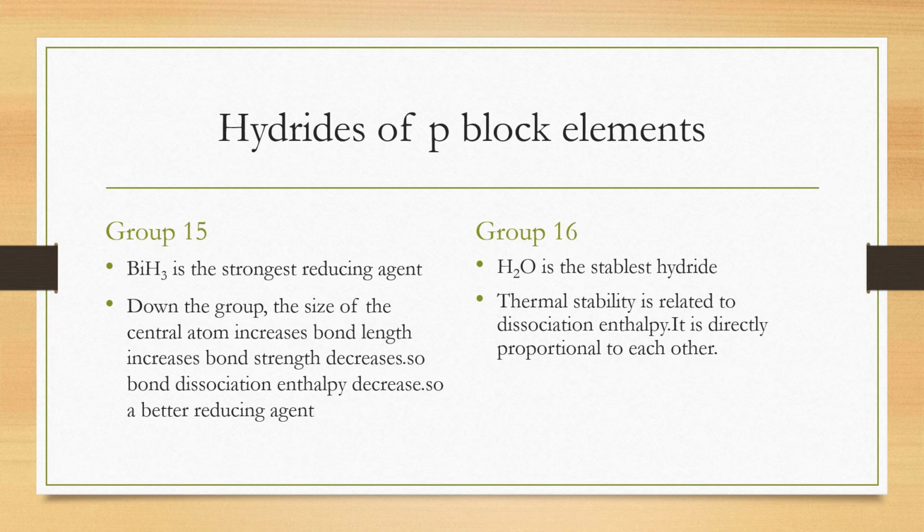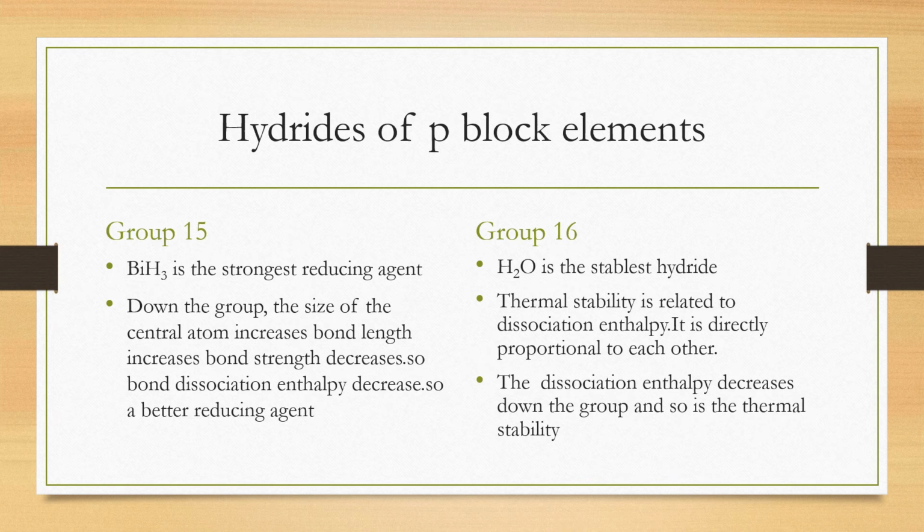That is, thermal stability is found to decrease, and when thermal stability decreases, it is easy to remove hydrogens, or it acts as a better reducing agent. So among the hydrides of group 16, water is the stablest hydride, that is thermally stable, and it has the highest dissociation enthalpy.